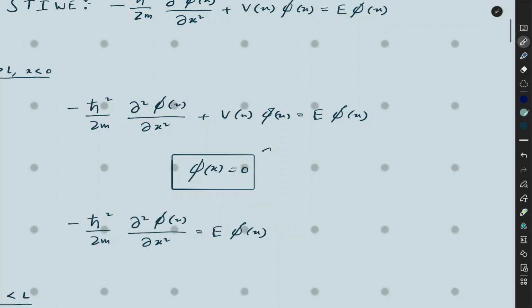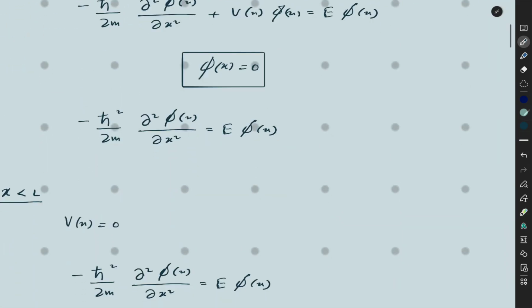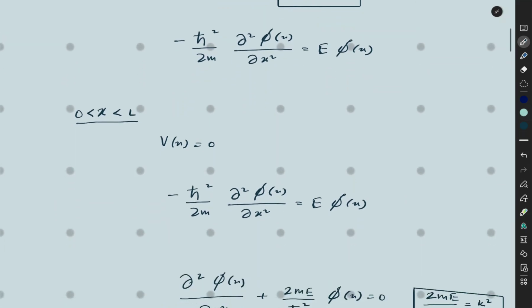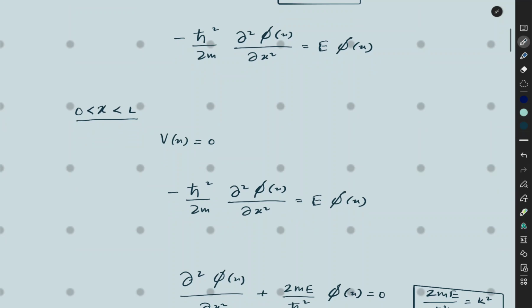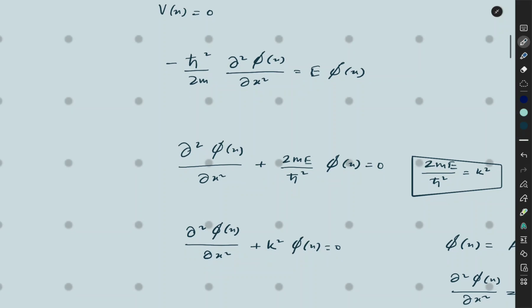So from this we are getting the condition that phi is equal to 0 outside the box. And for x ranging from 0 to L, V of x is equal to 0, so it is again becoming this same quantity. So we can generalize it as this term for both the cases.